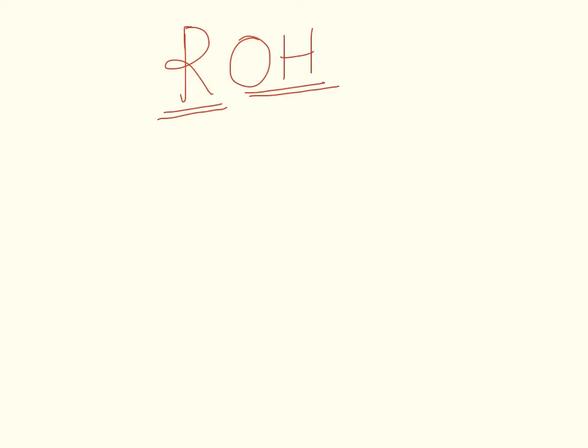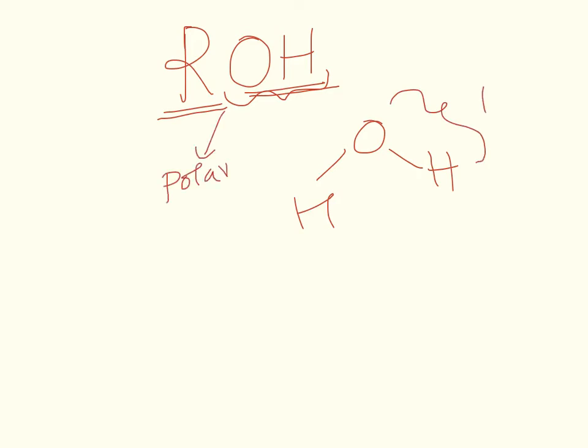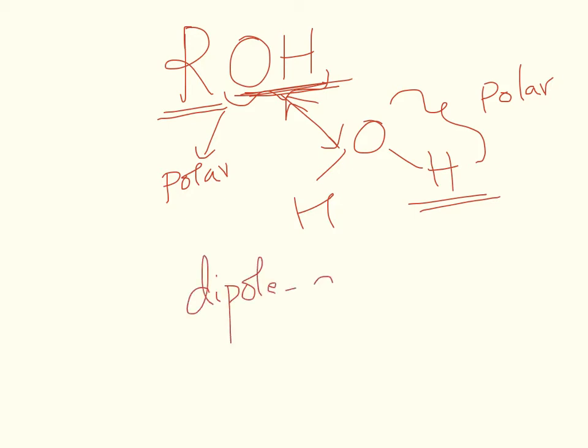So if an alcohol interacts with water, this is a dipole right here and this is a dipole right here. So this is a polar molecule, and this is also a polar molecule. That means there is a dipole here and there is a dipole here. So if these two interact, and alcohol does dissolve in water, this is known as a dipole-dipole interaction.